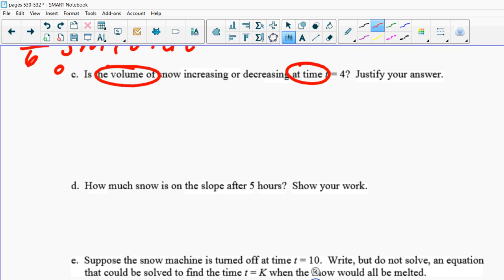I'm being asked, is the volume increasing or decreasing at time t equal 4? So I've got to write an equation for the volume of snow on the ground at any time t. I've got to use them both.